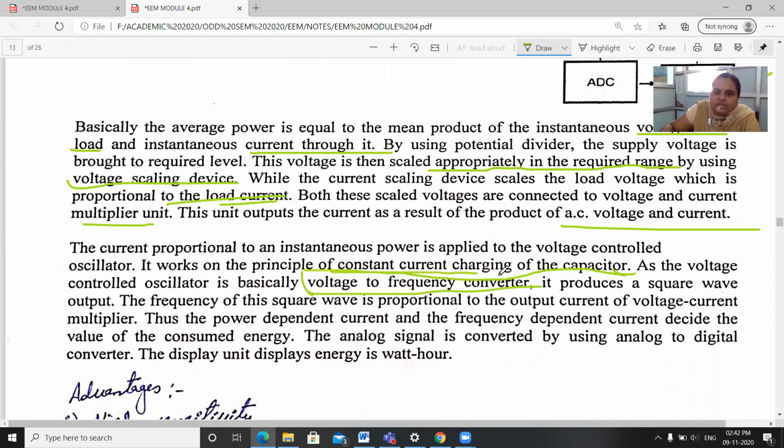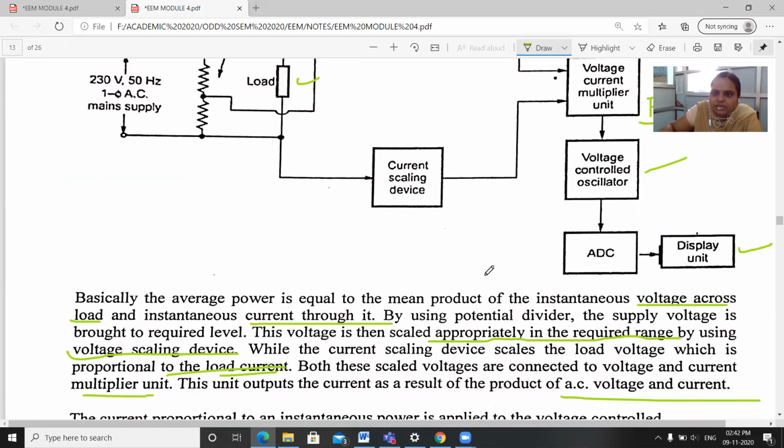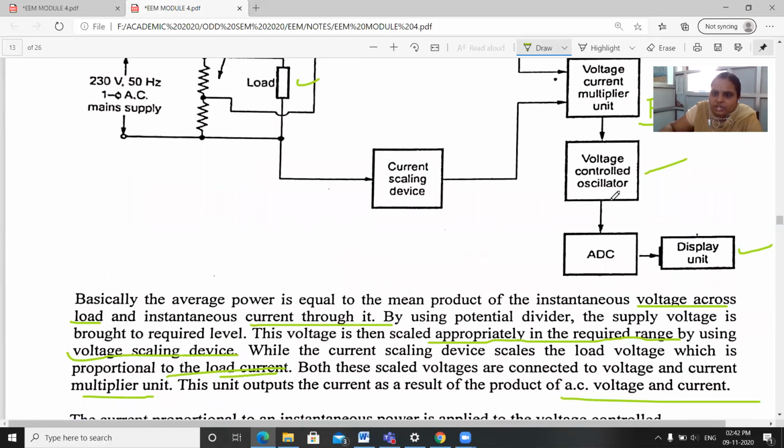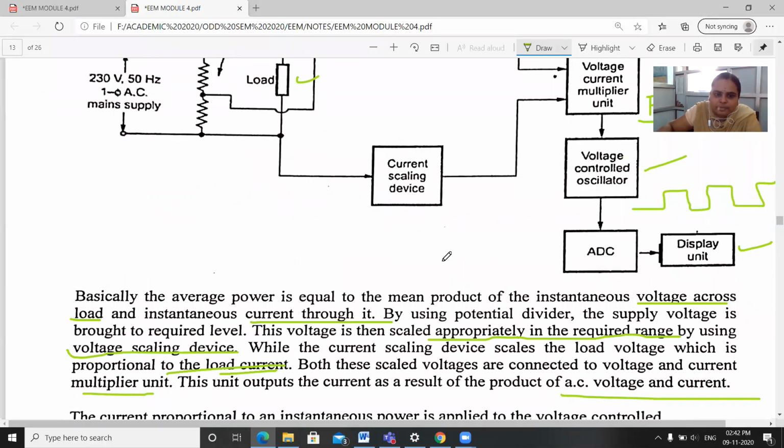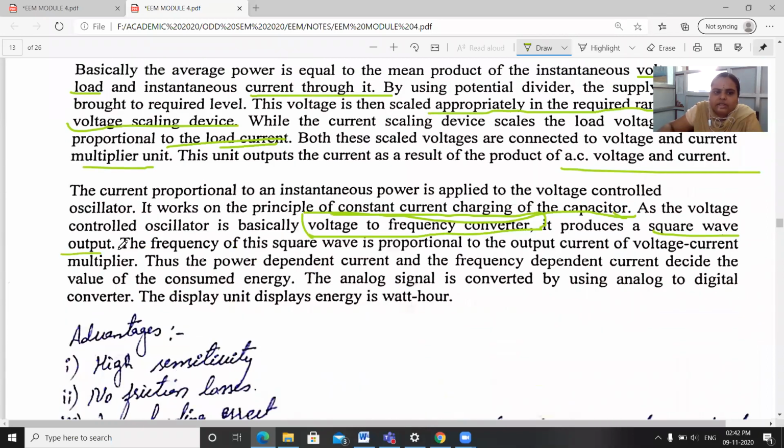Its work is to convert voltage to frequency. Then it produces a square wave. Observe here, it produces a square wave output, and from the voltage controlled oscillator it is given to the ADC in terms of square waves. Then the frequency of this square wave is proportional to the output current of the voltage current multiplier.